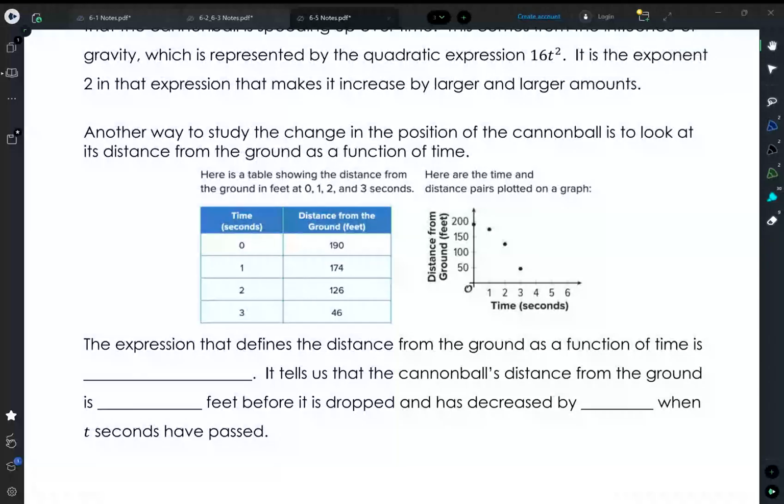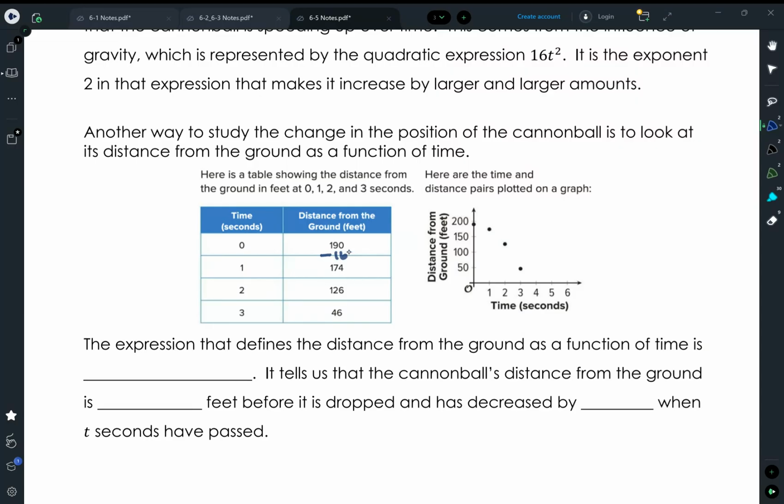So at time 0, we were 190 feet from the ground. And then after 1 second, we have traveled 16 feet, so we're 16 feet closer to the ground. 190 minus 16 makes 174. And then after 2 seconds, we know we're 64 feet closer to the ground.